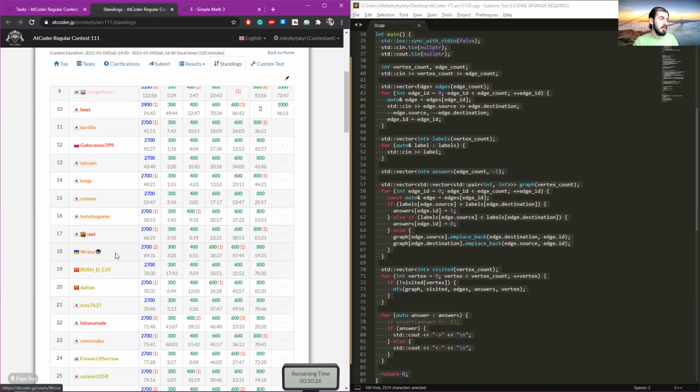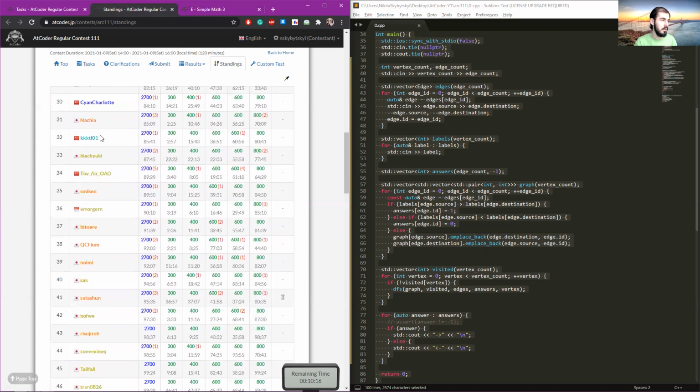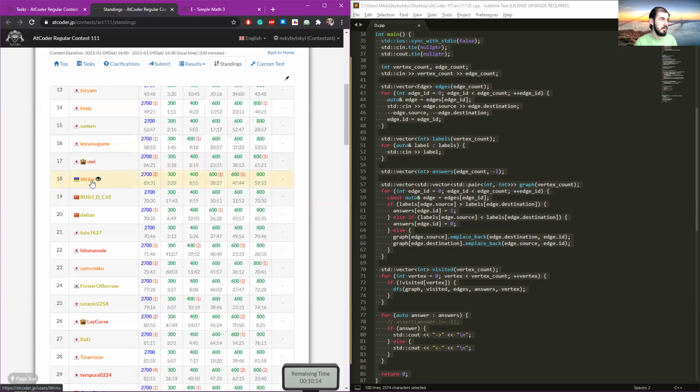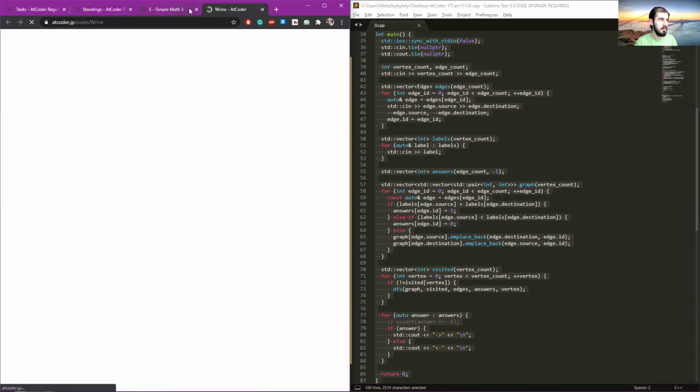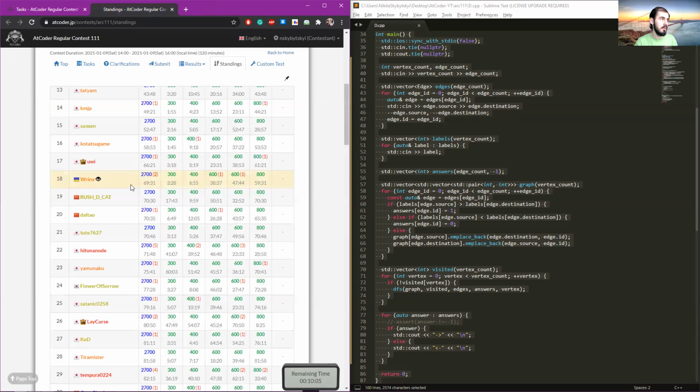Also, let's check what is this icon. Highlighter. Okay. I believe I've seen rings on Codeforces. Should be the same rings. Yeah, okay, whatever.